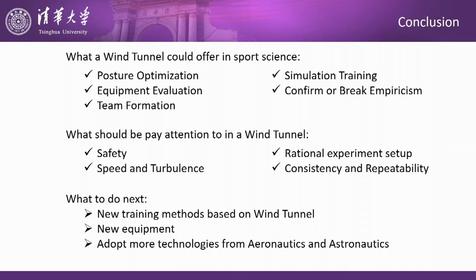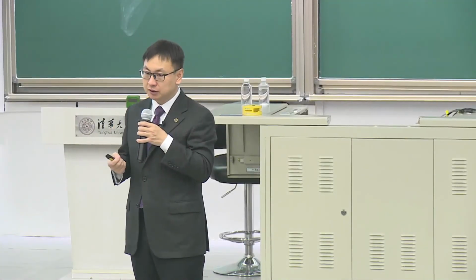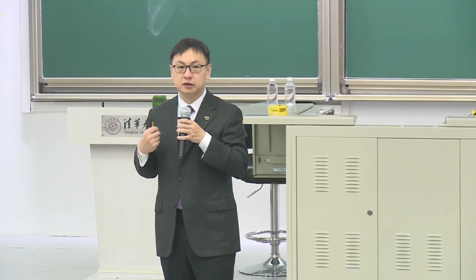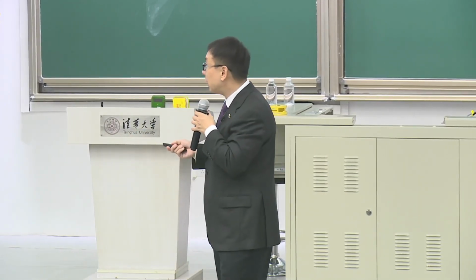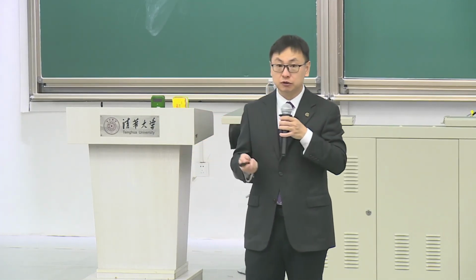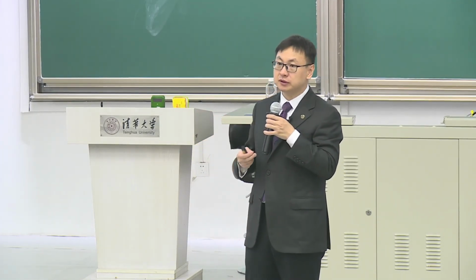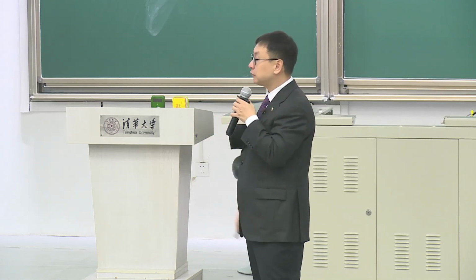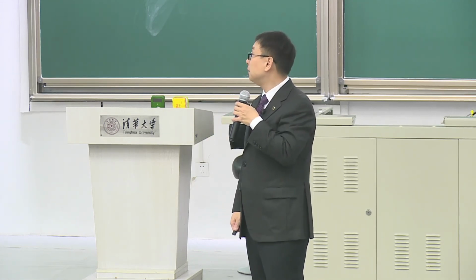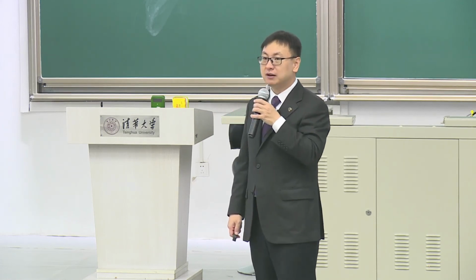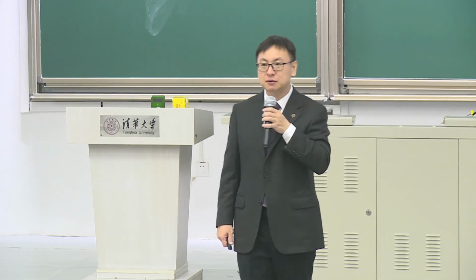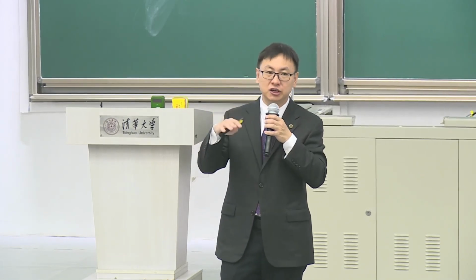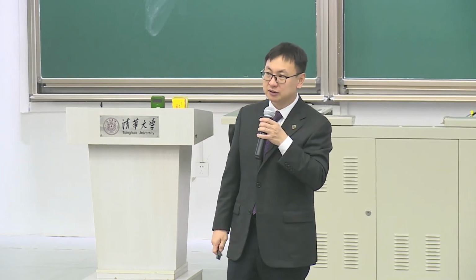We have to check the speed, because temperature and humidity can affect the real speed. And we have to check the blockage ratio. Make sure the wind speed is accurate. Third, rational experiment setup. Mainly this is about the supporting structure. Sometimes it's badly designed or the 3D printed model is shaking, then the data is not trustable.